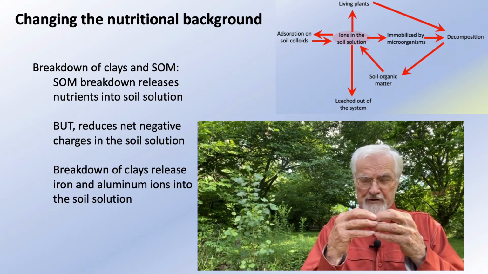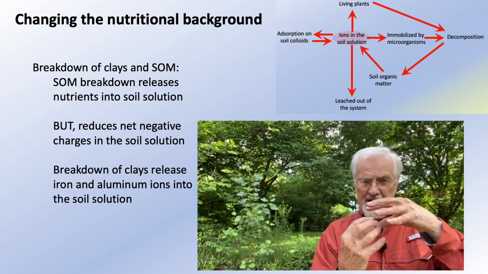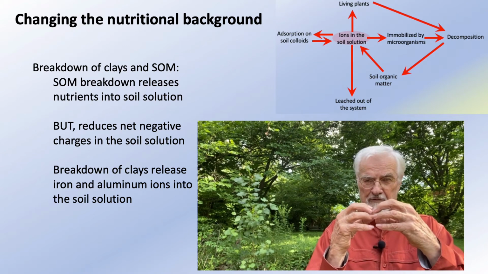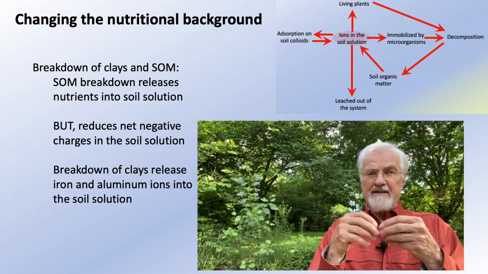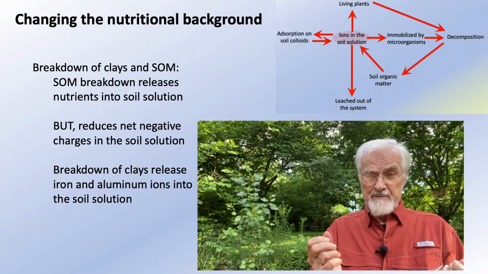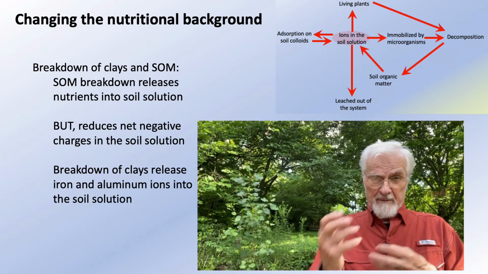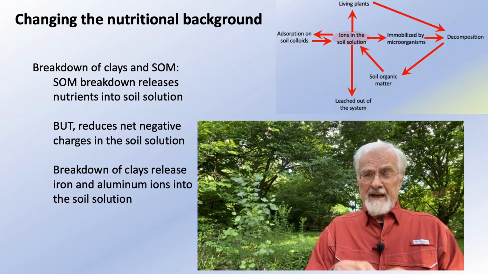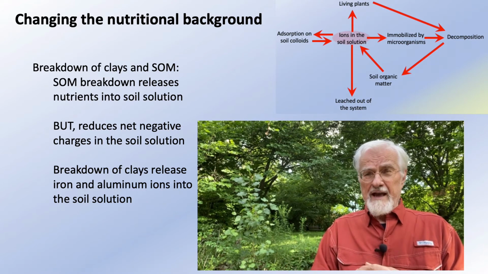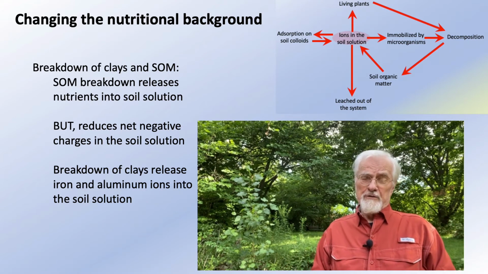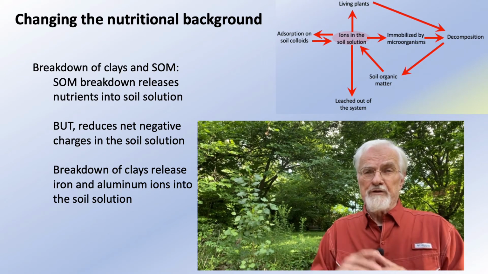And so as the crystal structure breaks down, that aluminum and iron, which may have been trapped inside of the large crystal structure, those ions, iron and aluminum, start being liberated into the soil solution. Now, iron and aluminum, first of all, the iron changes the pH quite a bit. It lowers the pH so that you get more acidic kinds of soils. And aluminum can be toxic, and you do sometimes find this aluminum toxicity in soils as they become older.